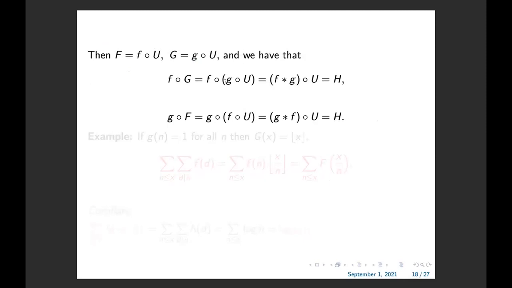So I think the first identity is here, because we have f composed with g, and we replace g by this, and since f and g are arithmetical functions, by associativity we can have this Dirichlet product, and so this is h. Similarly, we have this.